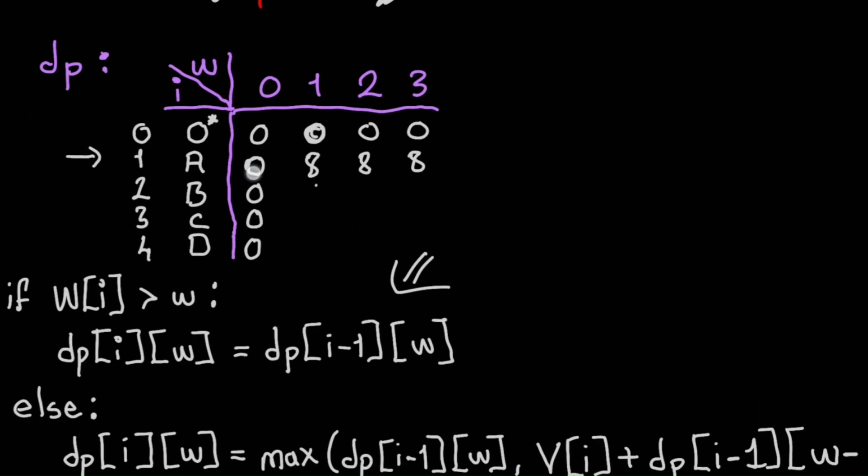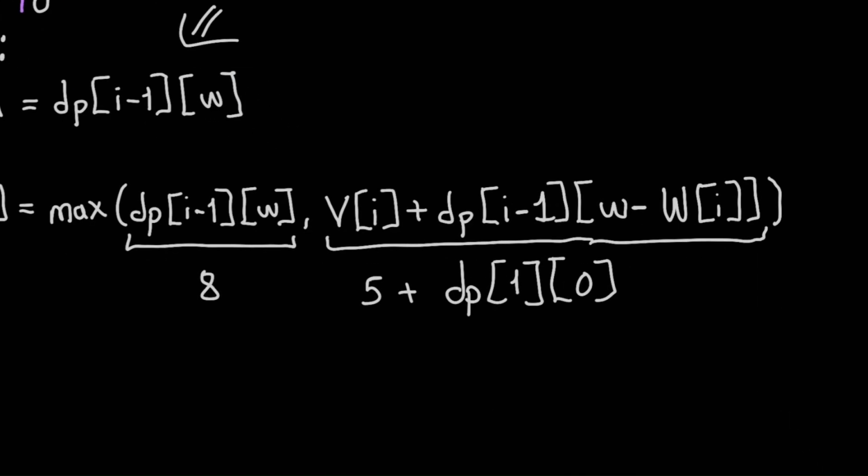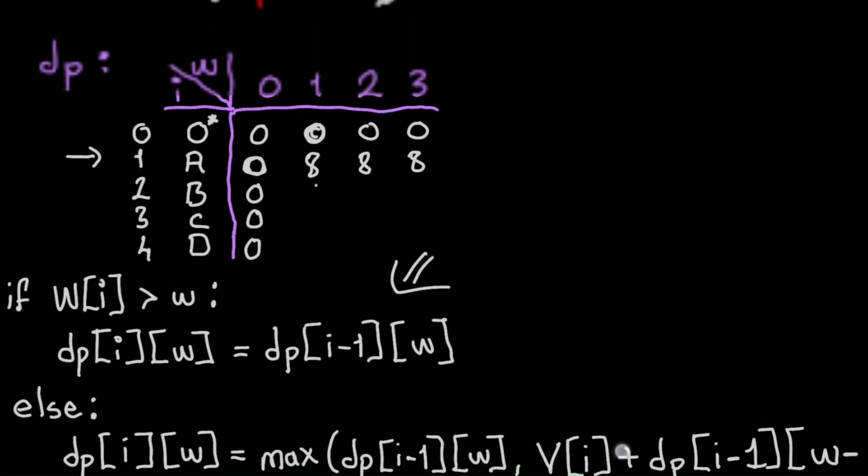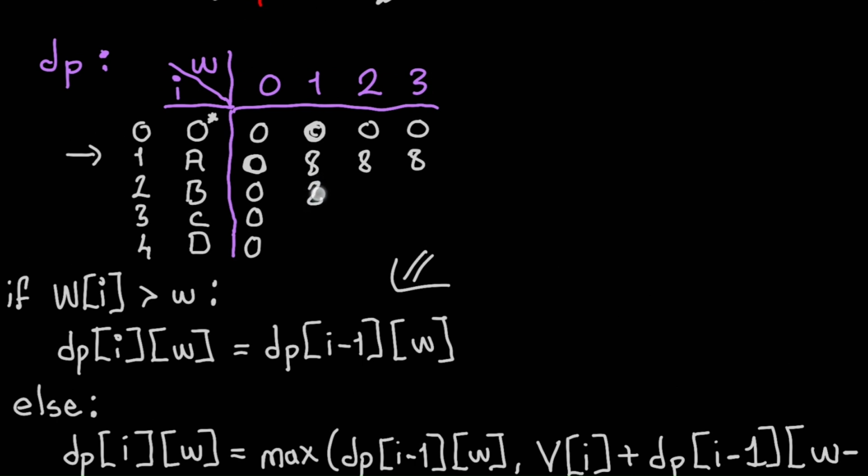So here, yes, which is 0. So this whole expression gives us 5. However, since 8 is bigger than 5, it means that we are not taking B, because this one gives a better profit, a higher value. So we are directly copying the previous row.